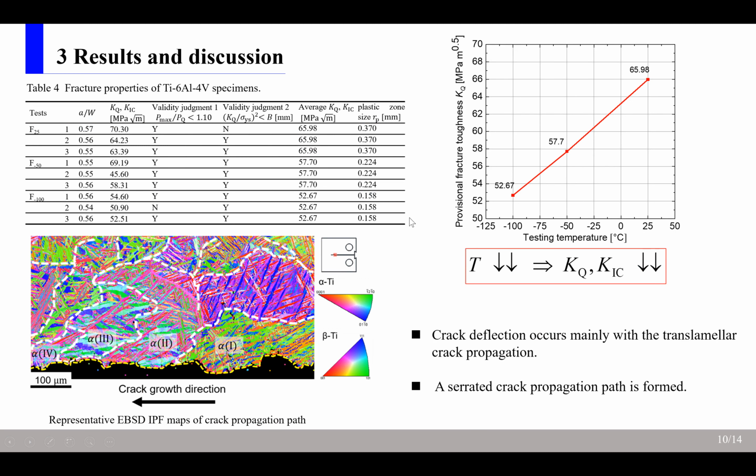About the fracture toughness. With the decrease of temperature, the provisional or critical fracture toughness of the specimen is decreasing. In addition, the following figure illustrates that crack deflection occurs mainly with translamellar crack propagation, and a serrated crack propagation path is formed.